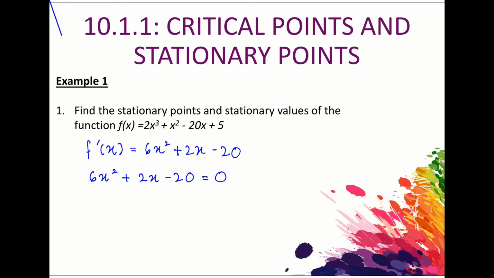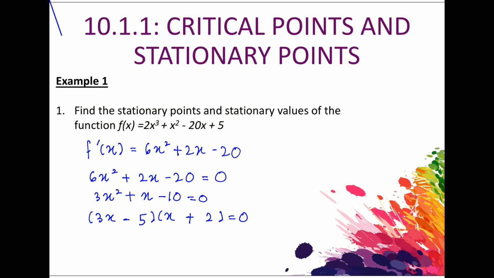In order to solve that, we can first simplify. So we get 3x squared plus x minus 10 equal to 0. And then we can factorize. So we get (3x minus 5)(x plus 2) equal to 0.